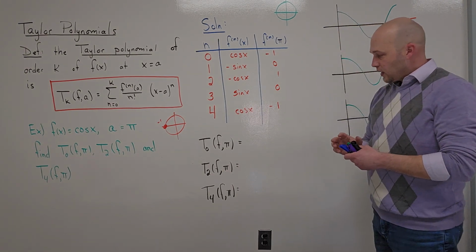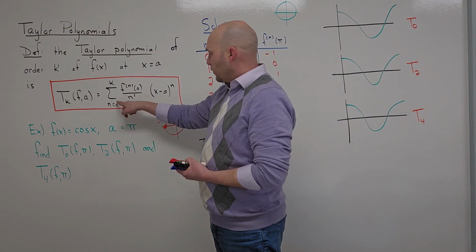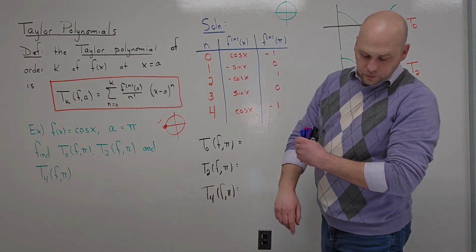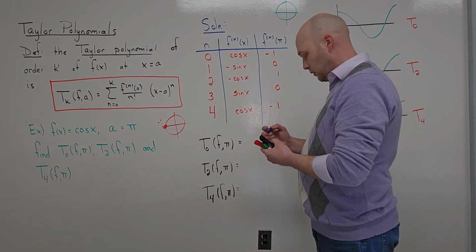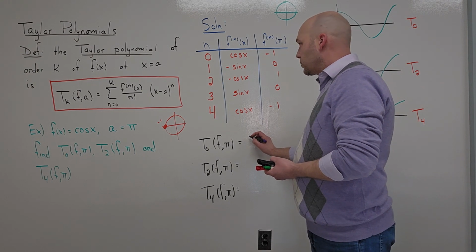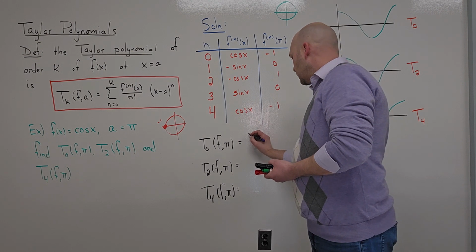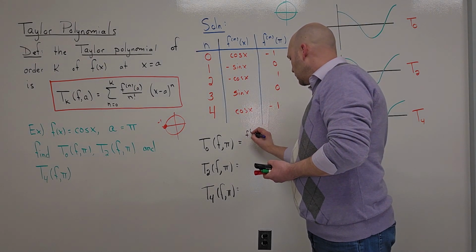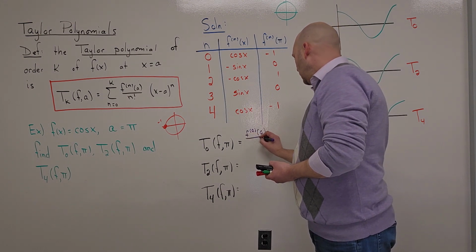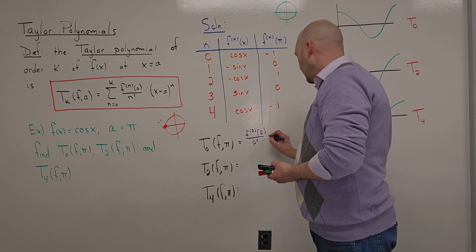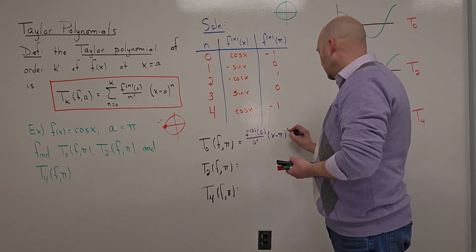Okay. For the Taylor polynomial of order 0, again I'm going to use a sum from n equals 0 to k. In this case, k would be 0. So this would be the 0th derivative at pi over 0 factorial, and then x minus pi to the 0.